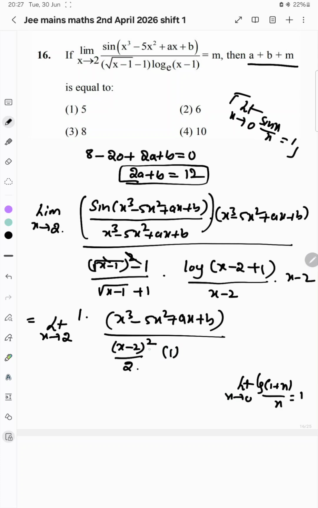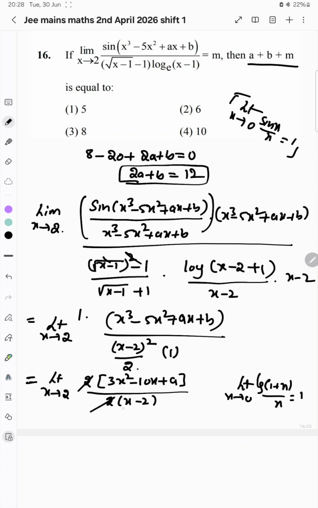Okay, now this is the one we are going to calculate. When you substitute x as 2, numerator is 0 and denominator also 0 coming, so we can apply L'Hospital rule. Limit x tends to 2, this denominator 2 we can take to the numerator, and applying differentiation to the numerator part, we will get 3x square minus 10x plus a, and in the denominator we will get 2 times x minus 2, and chain rule is again 1 only, so 2 and 2 are cancelled.